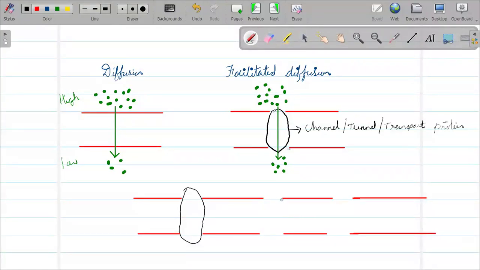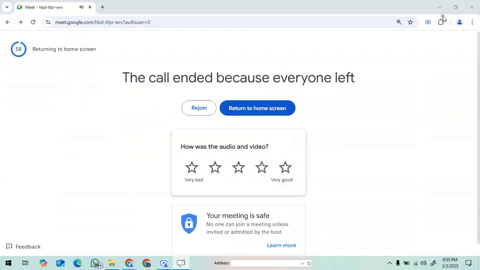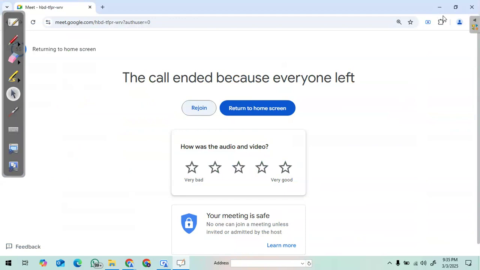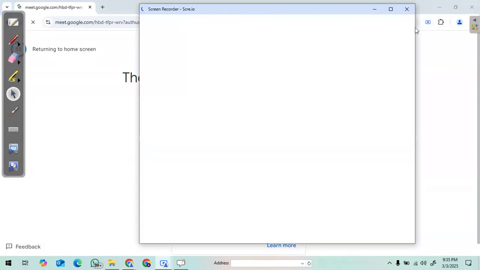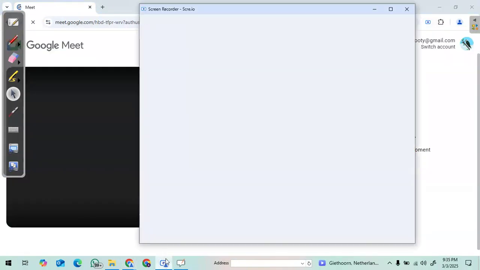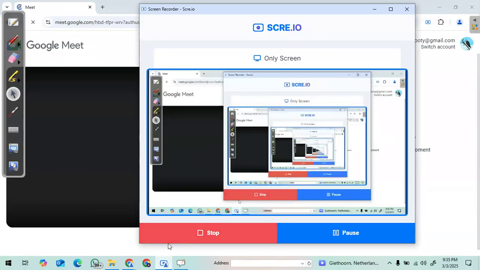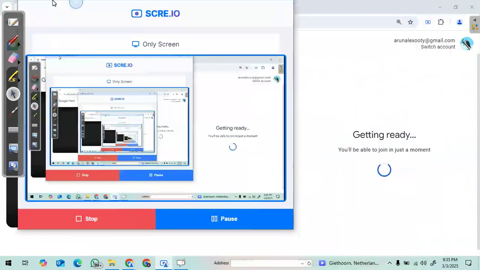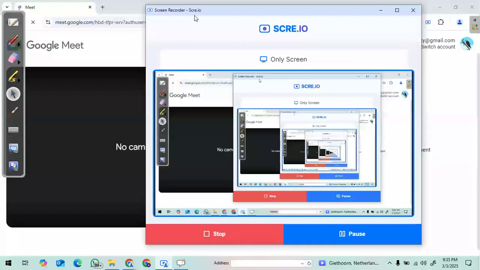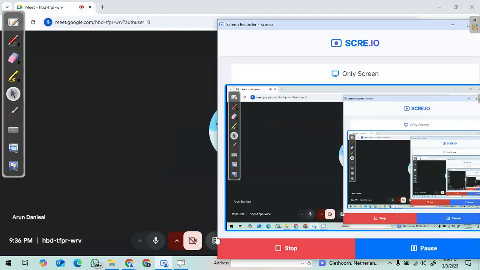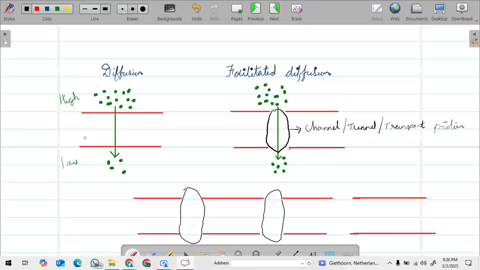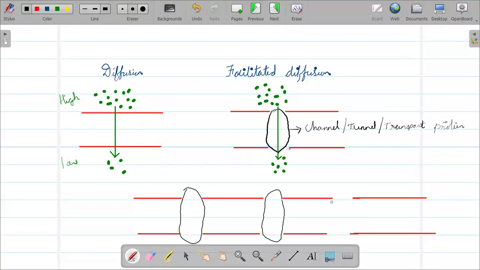These are the channel proteins. Recording is in process only, so nothing to worry about. The video is resumed now. So we have a set of channel proteins here.